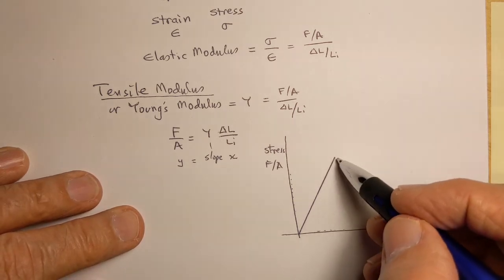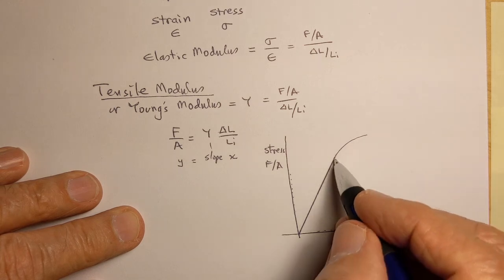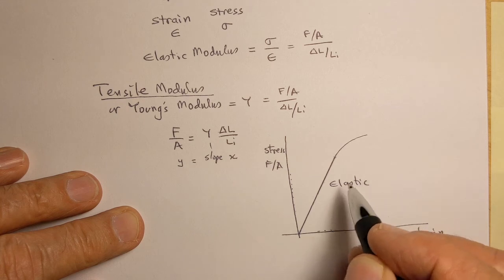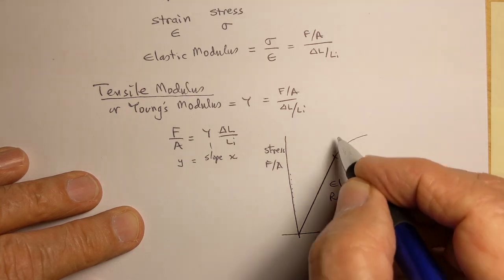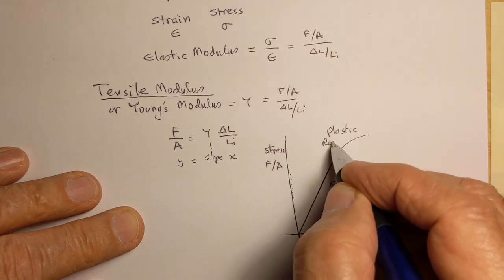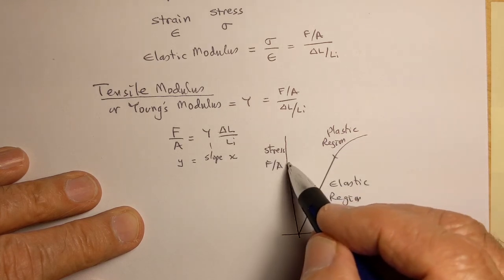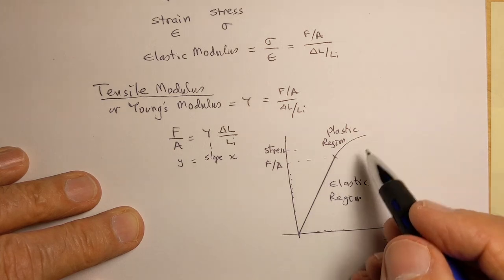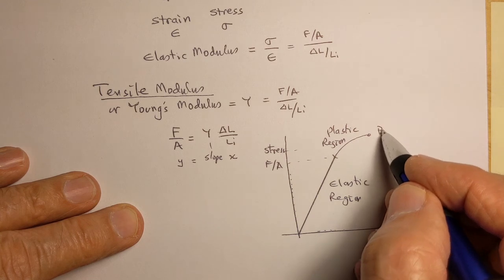Now this continues for a while, after which the curve shifts like this. This part up to here is called the elastic behavior, or the elastic region, and beyond that we have what we call the plastic region. Here a small increase in the stress makes the strain large, so it starts pulling, and then a point comes where it breaks.